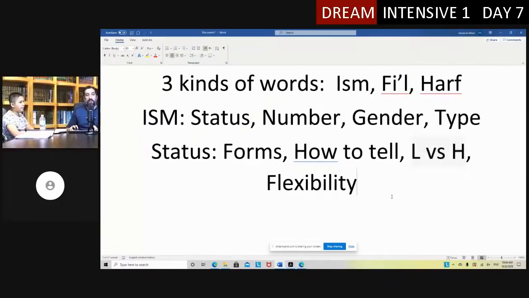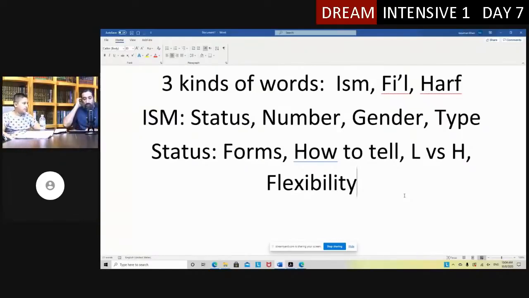When it came to flexibility, I gave you a shortcut. I said, remember 3 names: Muhammad, Yusuf, Musa. Why those 3? Muhammad represents fully flexible Arabic words: Muhammadun, Muhammadan, Muhammadin.